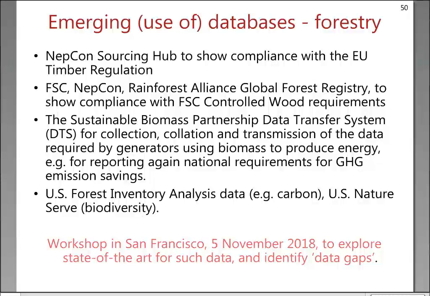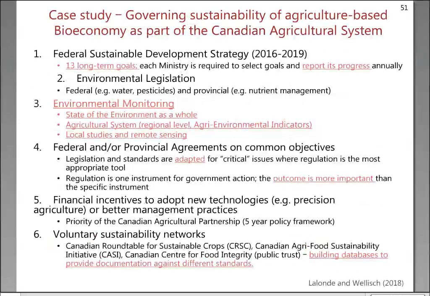And then other databases like national forest inventories, or maybe biodiversity spatial data, are also increasingly being used for these risk assessments. And I should mention here also that a workshop is being planned for San Francisco, 5th of November, to explore the state of the art of such data, what exists and what are the data gaps, and how can we use the existing data better.